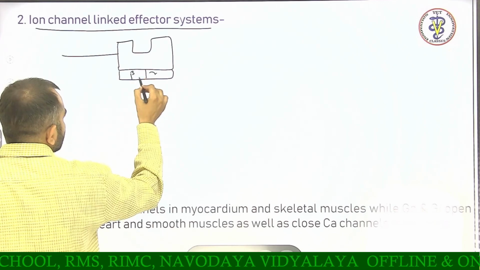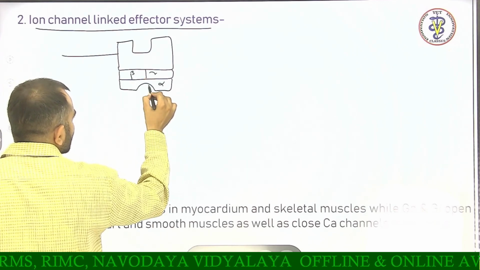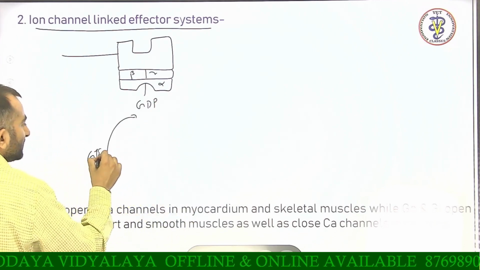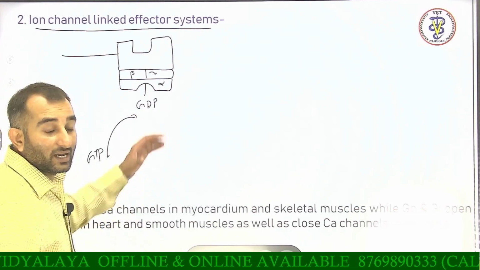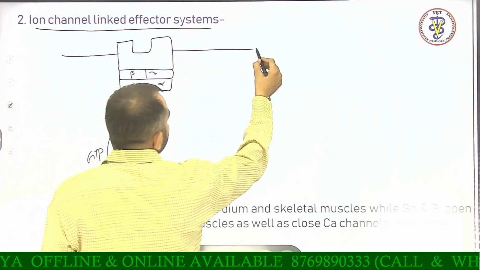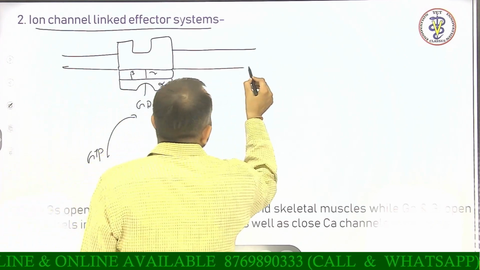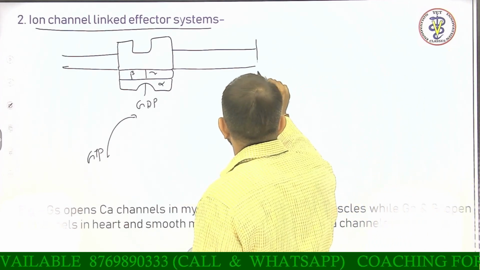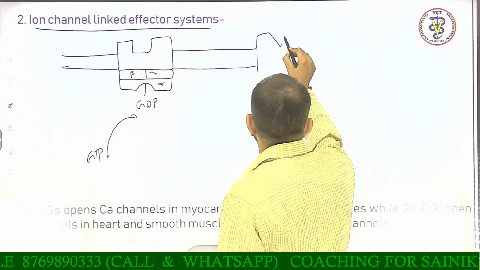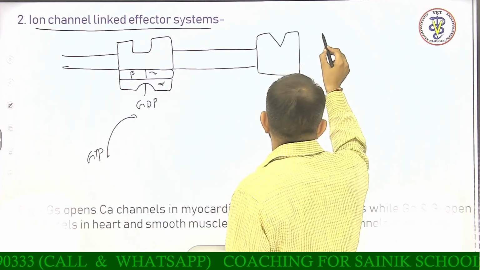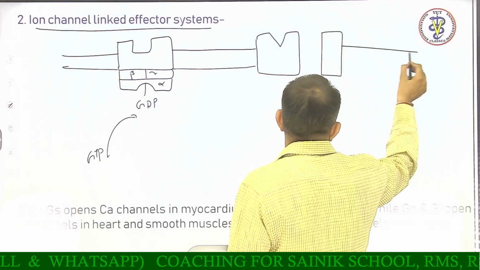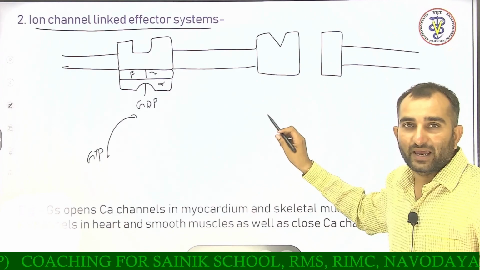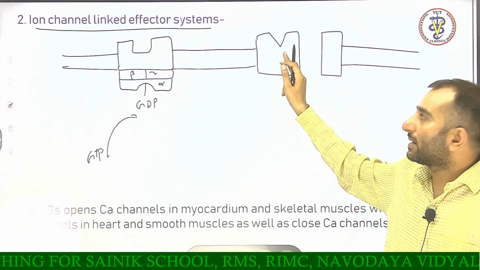Here again the structure of G protein, alpha, GDP. So GTP replaces the GDP from the alpha binding site, and here as we know the ion channels are also present on the surface. But the stimulation for the action does not depend on the ligand binding with the ion channels.